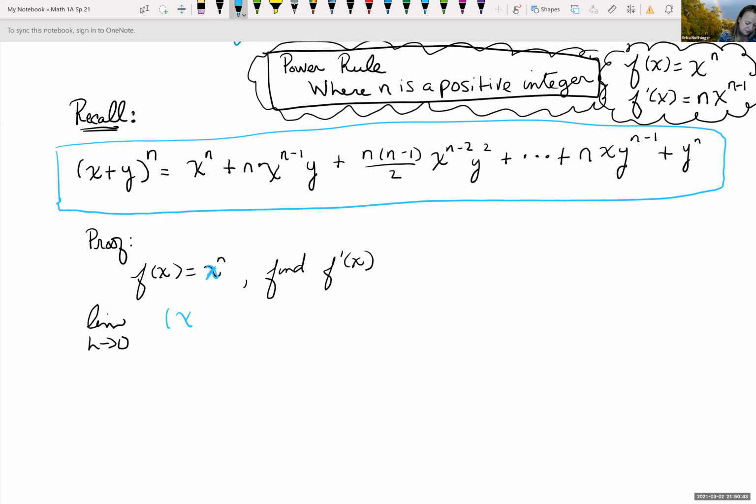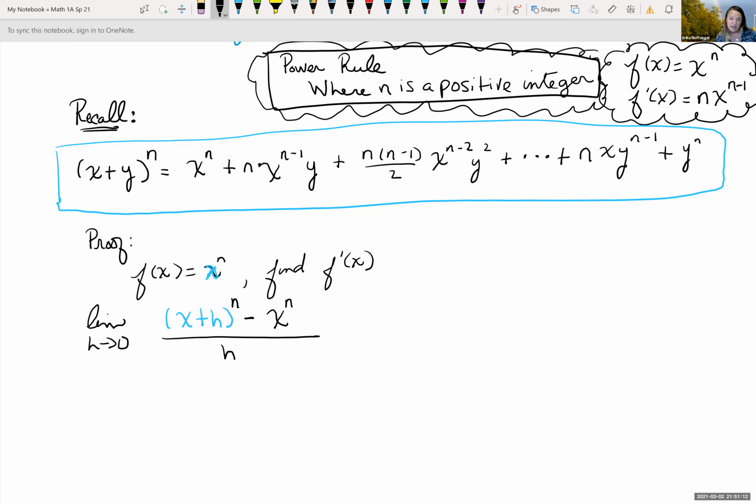So that would be x plus h raised to this nth power, minus my f of x, and my f of x function in here is x raised to the nth, all over h.